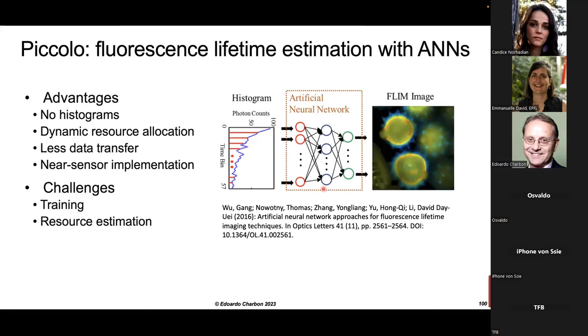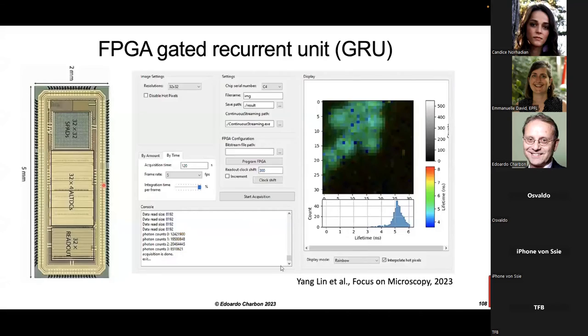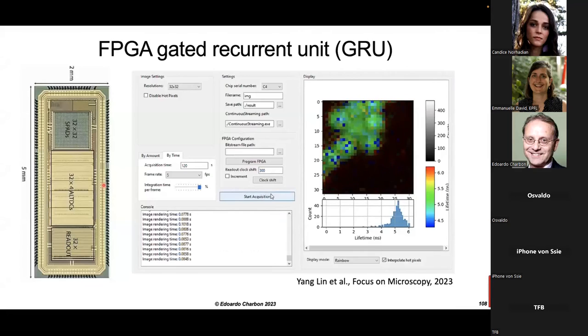The advantage is, of course, to be much more compact and quite accurate. This is a setup that we built. Without going too much into the details, let me jump to the results. And here's a movie of this setup that allowed us to achieve film images in real time.